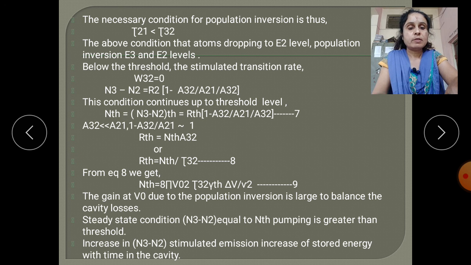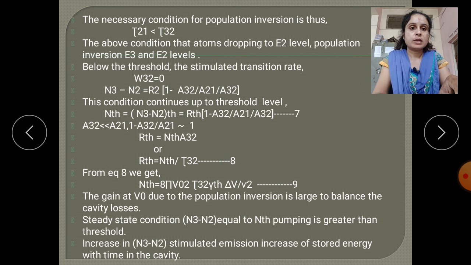So, this will be represented as RTH equal to NTH A32, and this expression can be represented in another form also: RTH is equal to NTH upon time period 32. So, this expression represents equation 8.